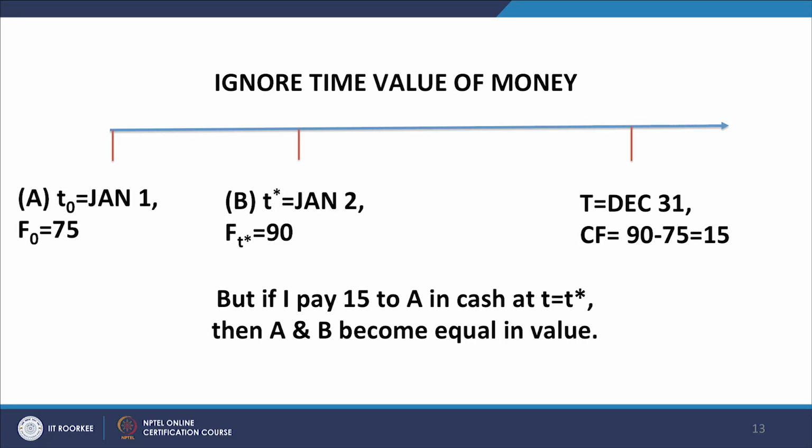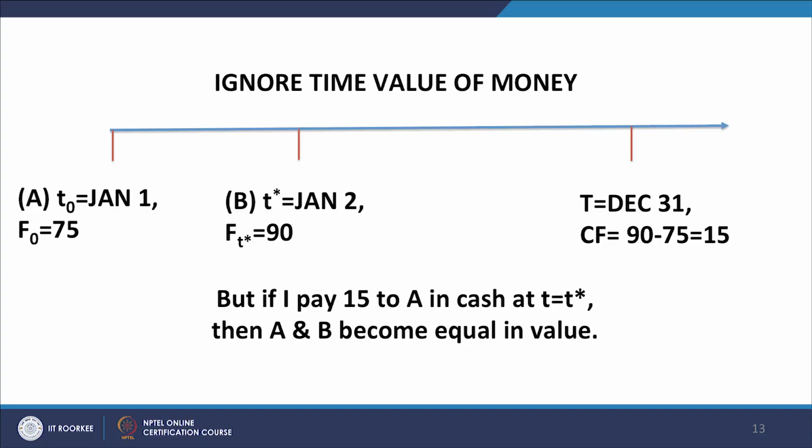On January 2, due to a radical change in perception of the market players about the price of the underlying asset as on 31st December, the current futures price changes to 90 rupees. In other words, if you enter into a futures contract, you will pay 90 rupees and you will get 1 unit of the underlying asset.